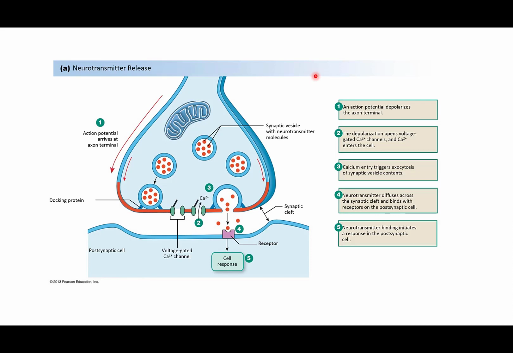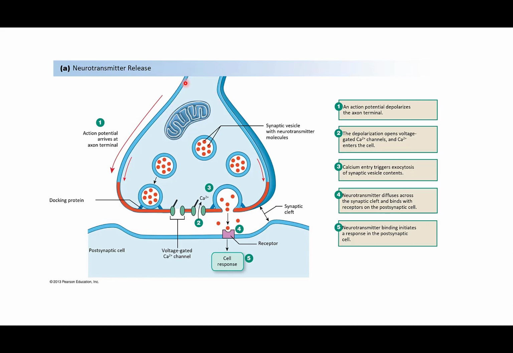This figure is taken from your book, and it's a great figure because it outlines all of the steps in neurotransmitter release. So when we initiate our action potential at the axon hillock, we start a depolarization chain reaction that is propagated down the axon to the axon terminal.